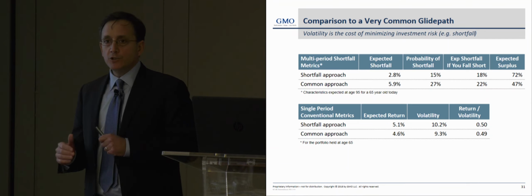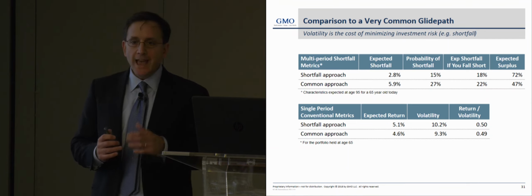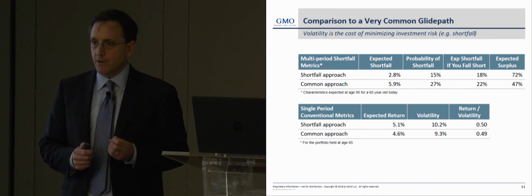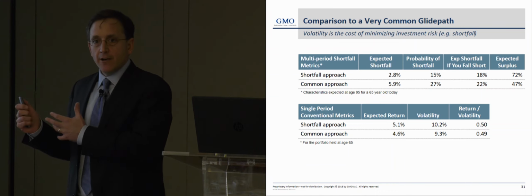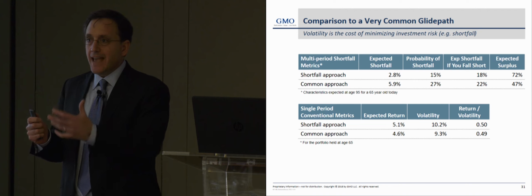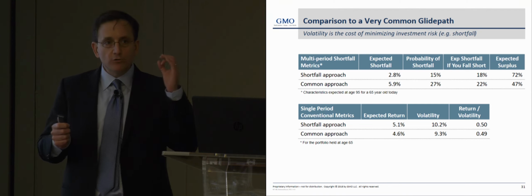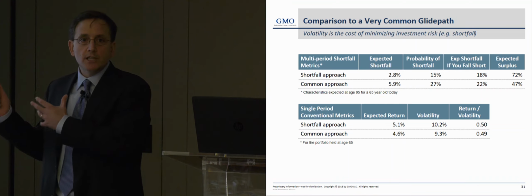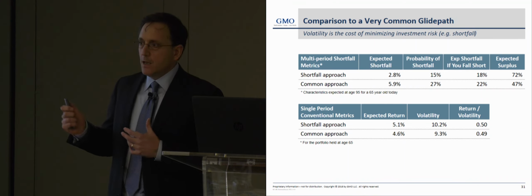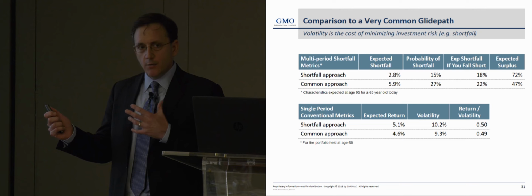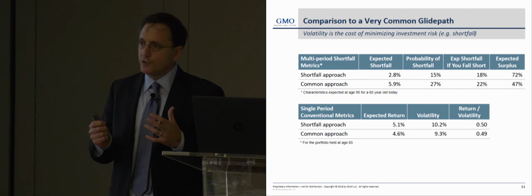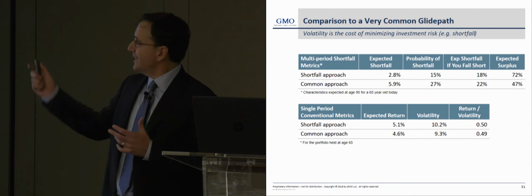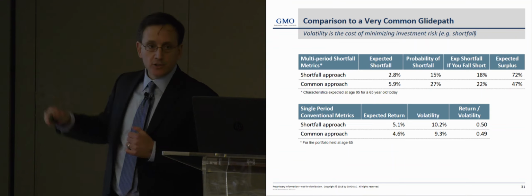Now, this can be useful for a number of reasons. We haven't accounted for longevity risk. Having a higher expected surplus naturally accounts for that. So even though we don't directly incorporate it into the framework, this is potentially a really useful byproduct. But it feels like we're having our cake and eating it too, and there's no cost to having this kind of extra surplus.